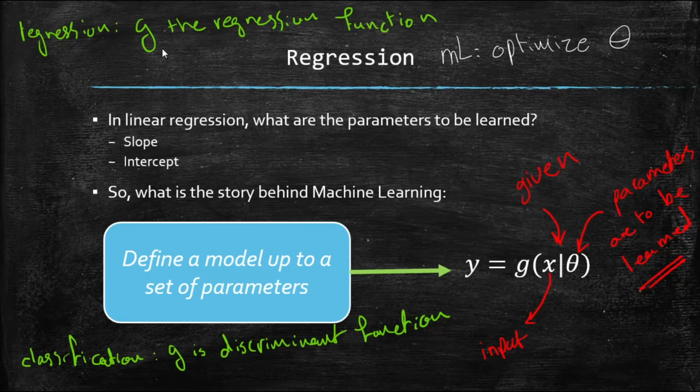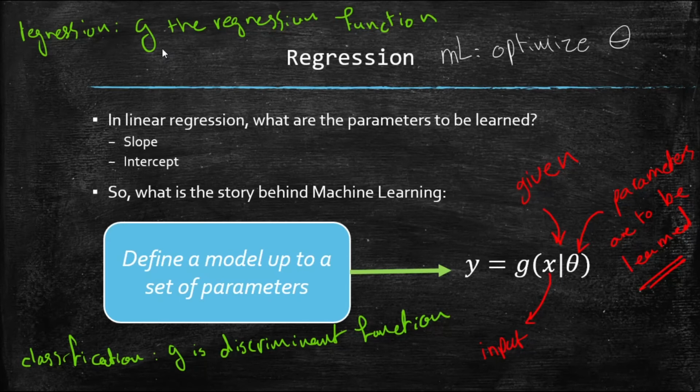The machine learning program tries to optimize the parameters theta such that the approximation error is minimized. It means that what we've estimated is as close as possible to the ground truth values that were given in our training data.